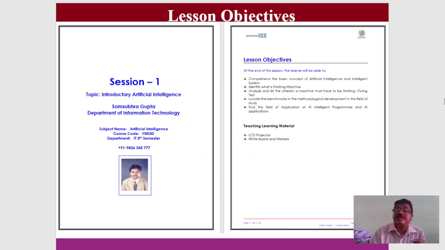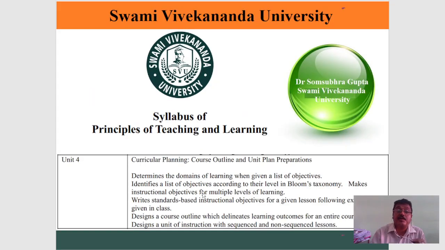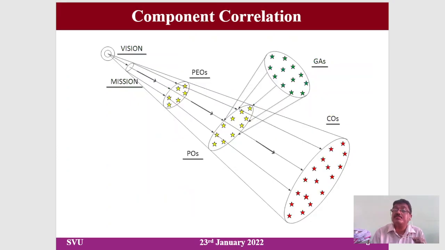Here in the syllabus, if we go through our starting point, curricular planning and course outline will come there. Determine the domains of learning when given a list of objectives. So the perception about that objective, what exactly we are going to do, is very crucial, and we need to have identification of those objectives.